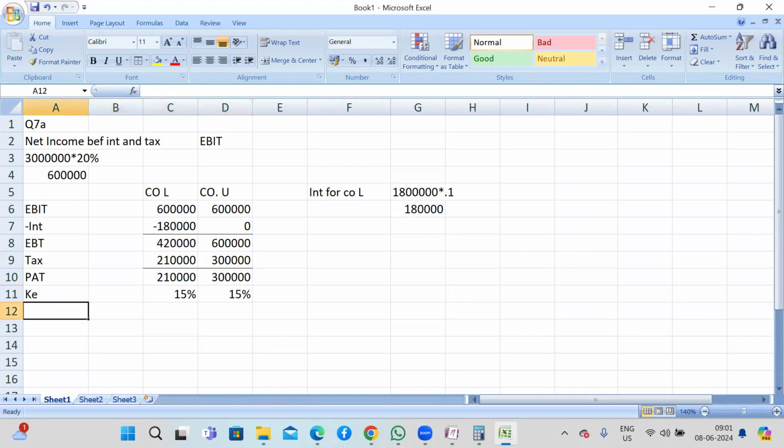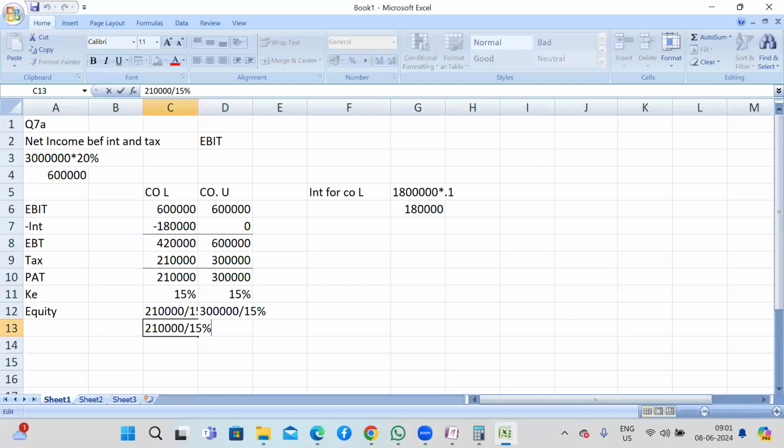So equity: 2,10,000 divided by 15% gives 14 lakhs. Here it is 3 lakhs divided by 15%, which gives 20 lakhs.